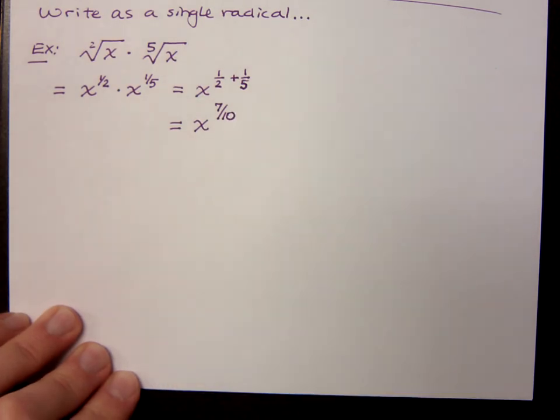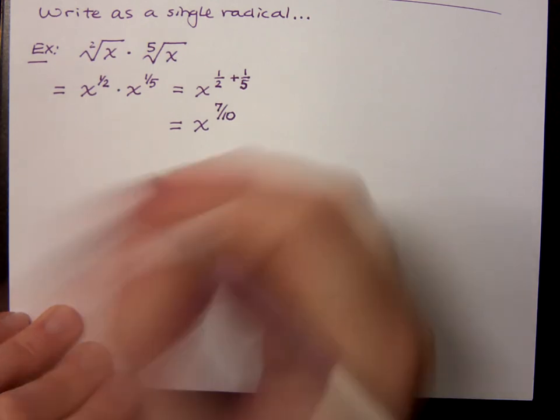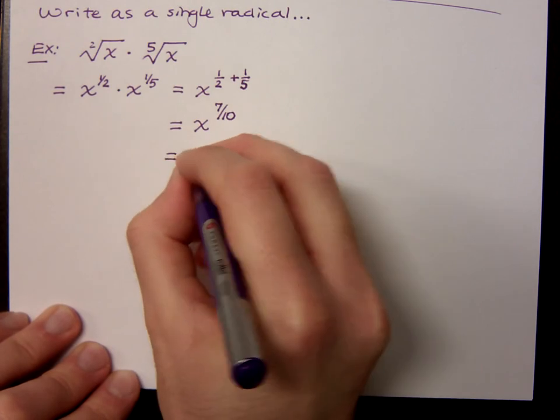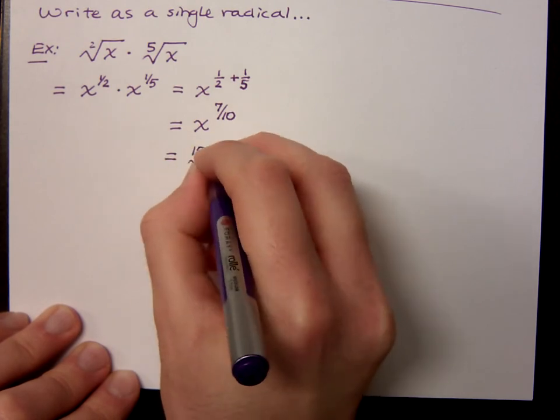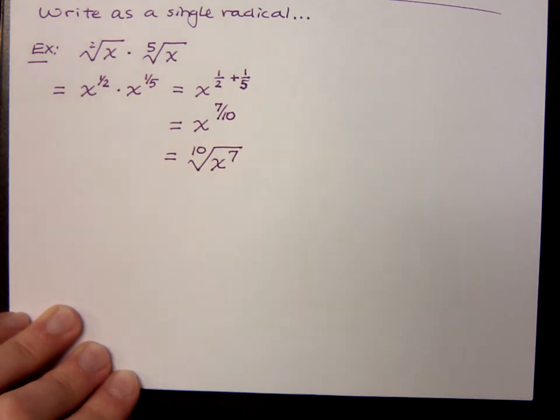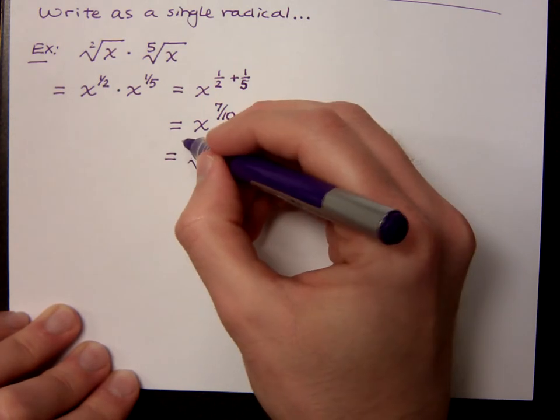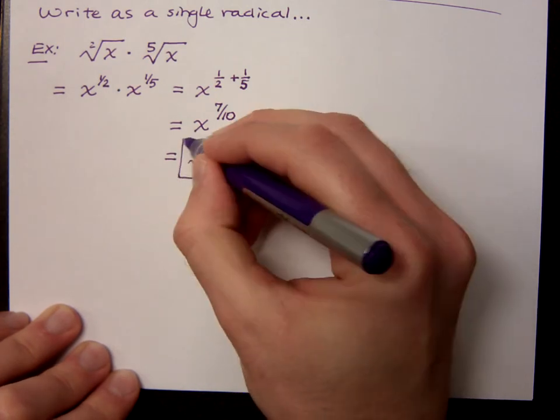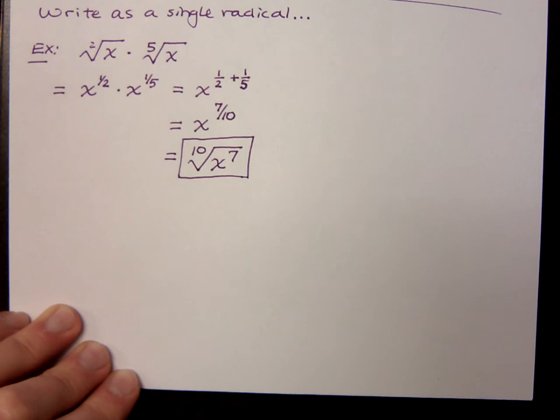So how do I go from x to the 7/10 back to a radical? Make that conversion back. The 10th root of x to the 7th. Do you agree? Mr. Craig, if the 7 isn't under the radical sign, it's going to be wrong, right?